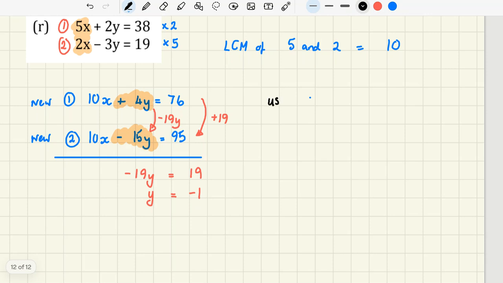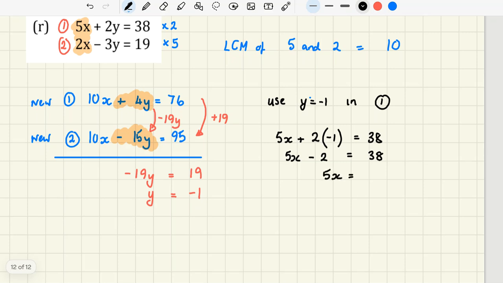So then we're going to use y equals negative 1. Which equation should we use? Equation 1. So we've got 5x plus 2 times negative 1 equals 38. So that gives me 5x minus 2 is 38, which means 5x has to equal 40, since 40 minus 2 is 38.